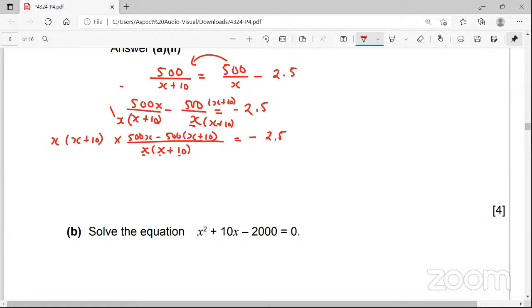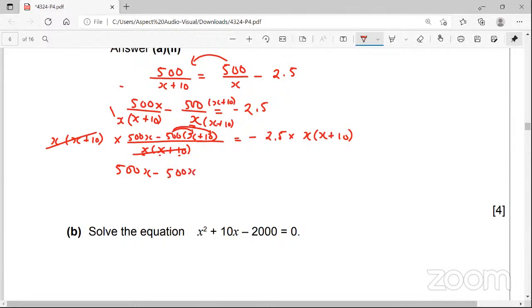This side I'll also multiply this with x into x plus 10. What will happen this side? This will cancel. Are we together? And then I will remain with 500x, and then here I'll multiply by 500 both of these terms. Are we together? Negative 500 times x will give me negative 500x.